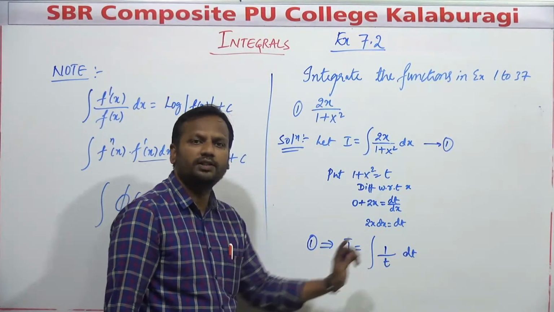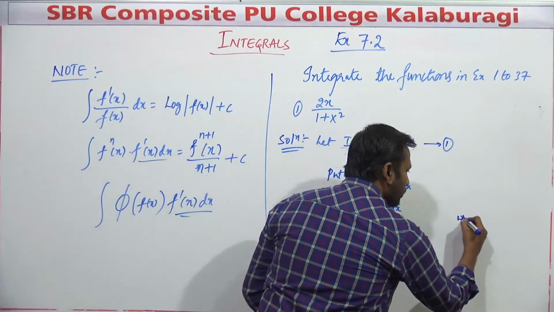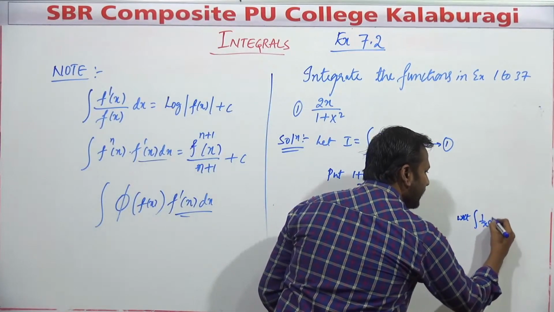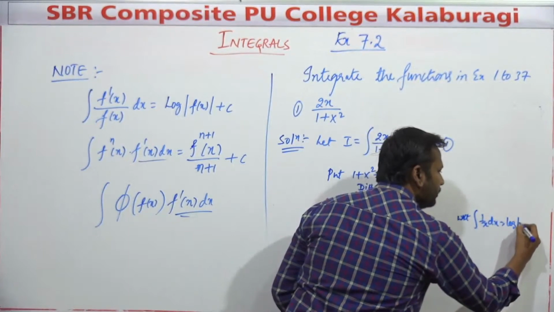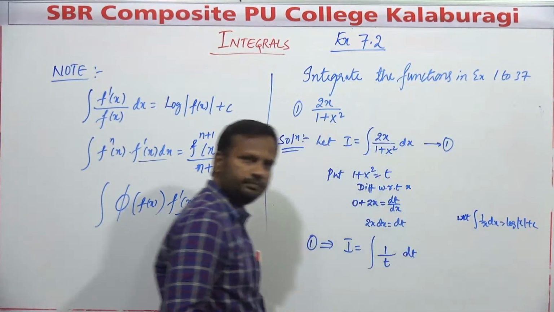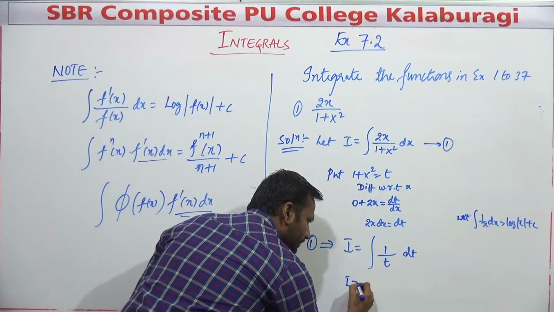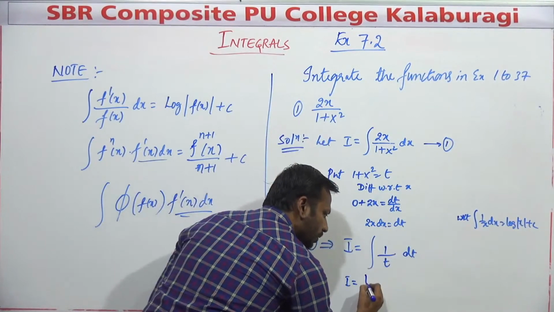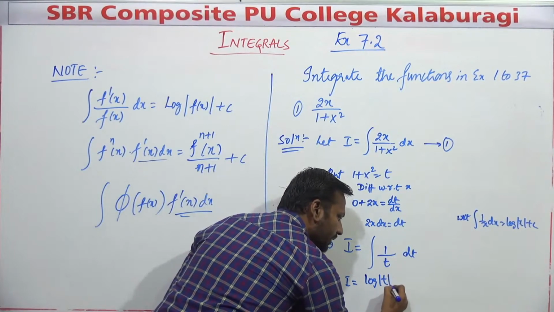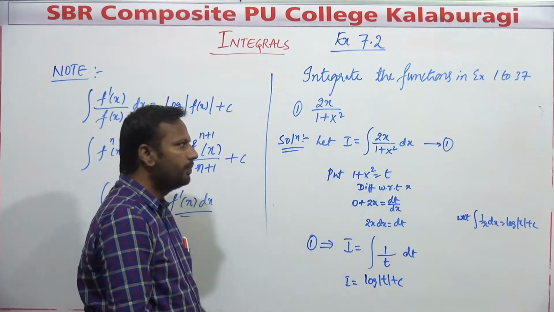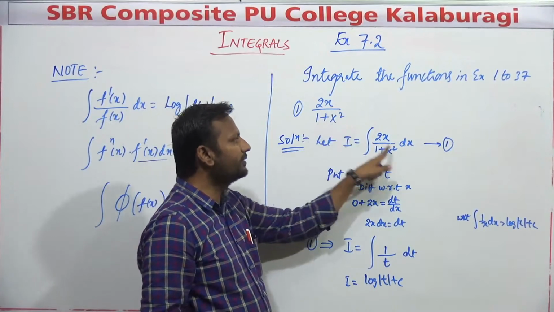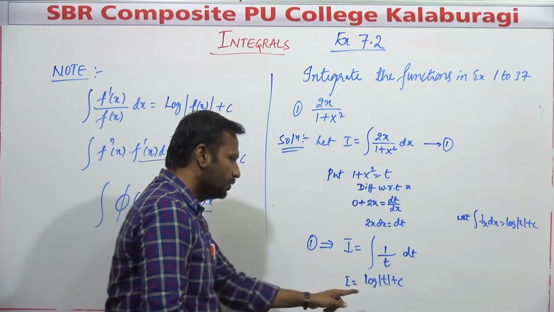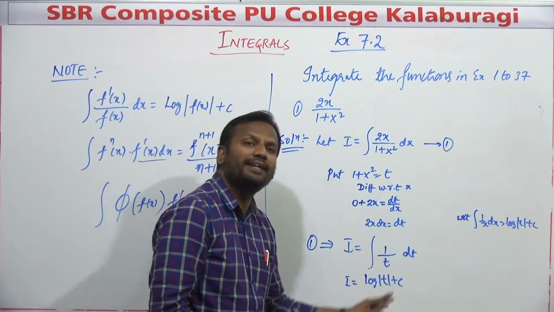1 by x dx form. We know that the integration of 1 by x dx is what here? Log of mod x plus c. So now, the integration of 1 by t dt in this format, what is the formula? Log of mod t plus c. But they have asked to integrate with respect to x, so I need the answer in the form of x itself.